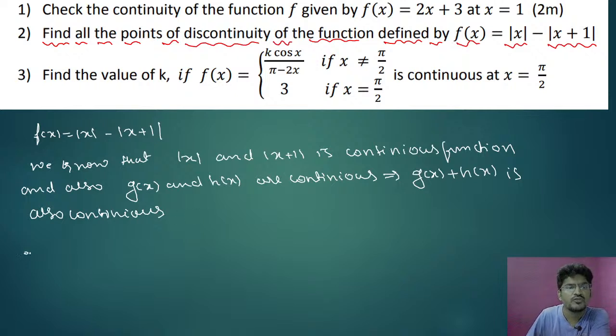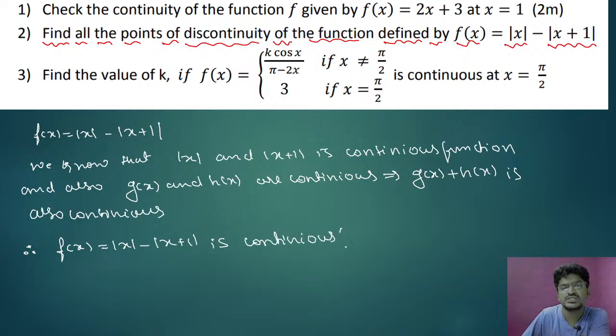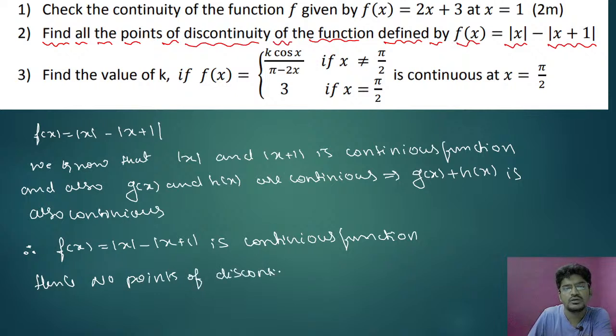Therefore from this you can tell that f of x is equal to mod x minus mod of x plus 1 is a continuous function. So if it is a continuous function, hence no points of discontinuity. This you have to write. Hence no points of discontinuity.